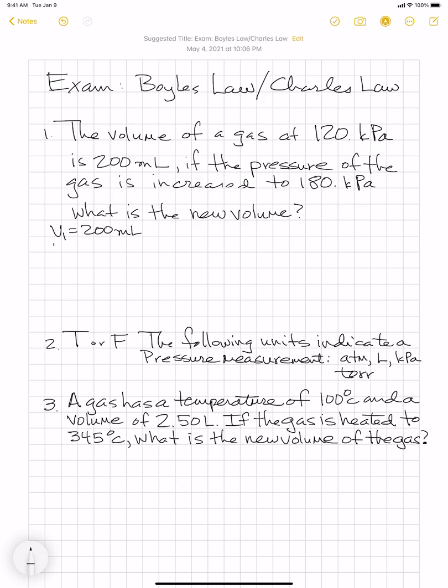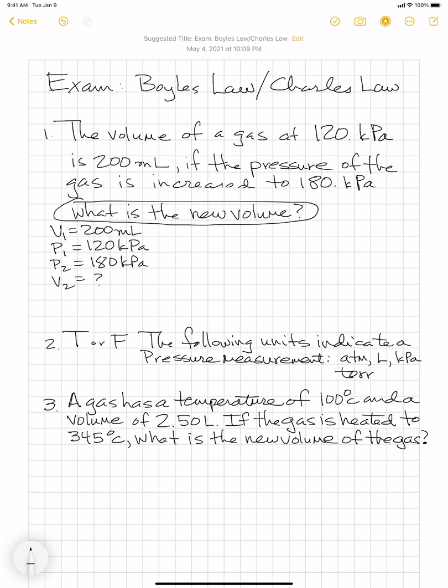The pressure, P1, is 120 kilopascals. And the new pressure is going to be 180 kilopascal. And you're looking for the new volume, okay? And you can see that right here. What is the new volume?